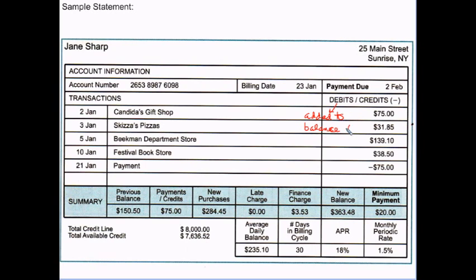And then credits are subtracted, so they're negative. You have your previous balance, your payment, which was $75. You have your new purchases. So all of these together make up new purchases.